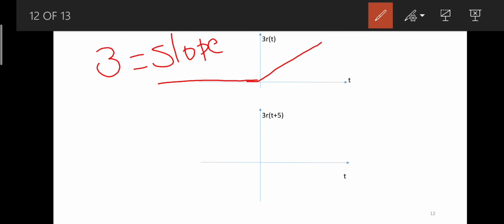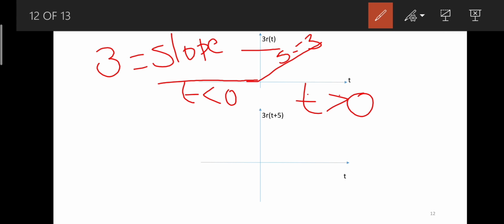Here the rest of all things will be the same, but the slope will be equal to 3. That is 0 for negative time and t for positive time. So for left hand side shifting of this 3r of t by 5 units, the value is minus 5. So it will be the left hand side shifted version of 3r of t, which will look like this.